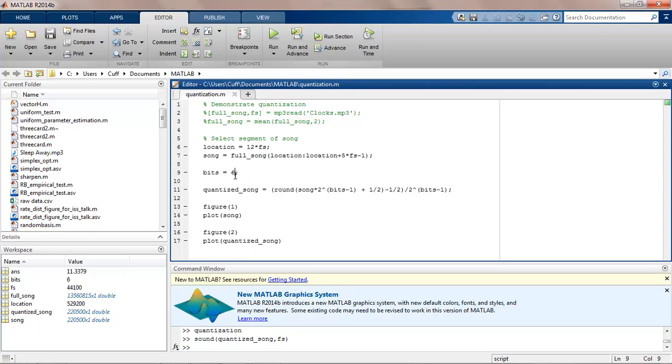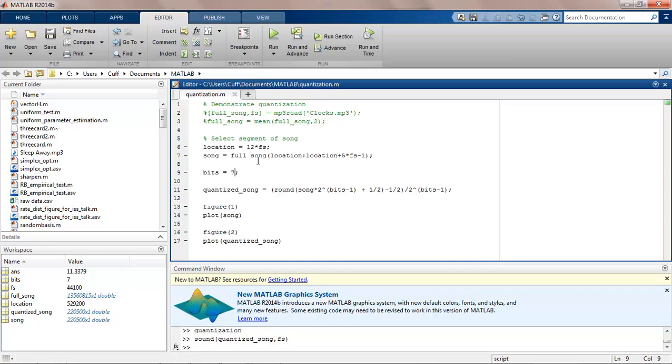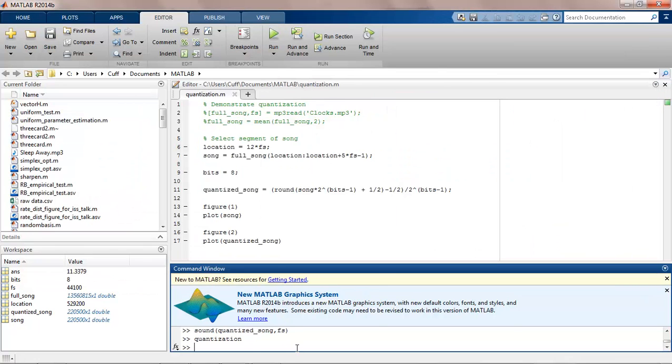All right, we'll get up to 8. For me, I could still hear 8, and then it's getting almost to the point of not being able to hear. All right, so here's the last one I'll do. Now, like I said, 16 is the standard for CD audio, and so the original that I played for you is probably about 16 bits, all right?